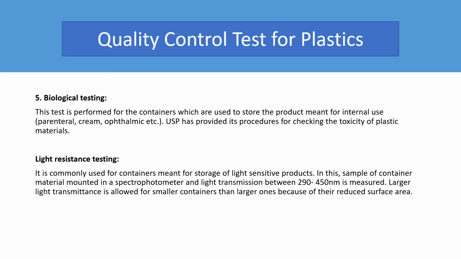The larger light transmission is allowed for the smaller containers than the larger ones because of the reduced surface area. So basically, through this transmittance technique, you are trying to analyze how much resistance to light is being provided. It should not allow the permeation of light, since the product will otherwise degrade. So it will only pass if it provides light resistance, and only then will the product remain safe in that container.